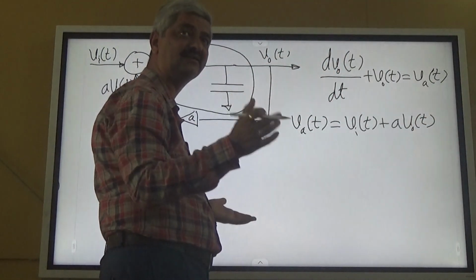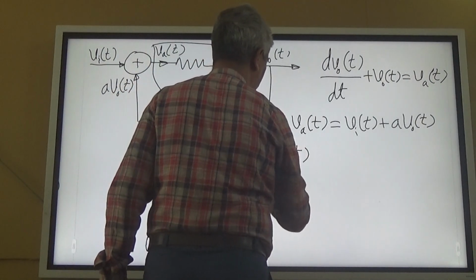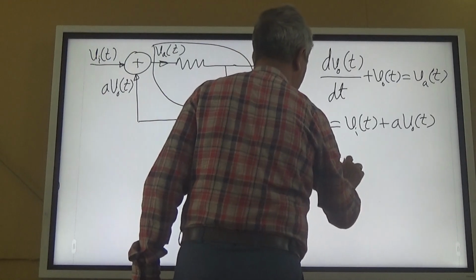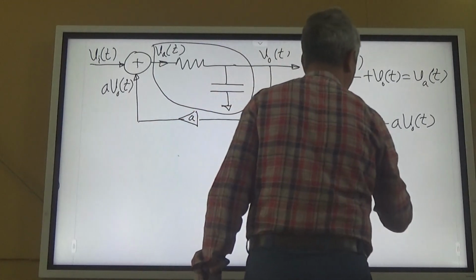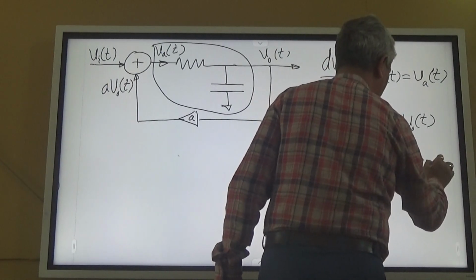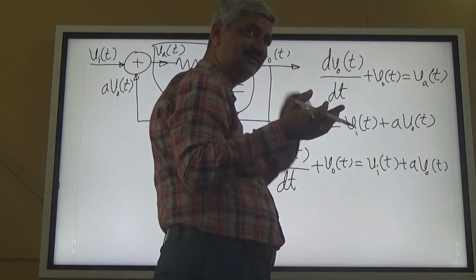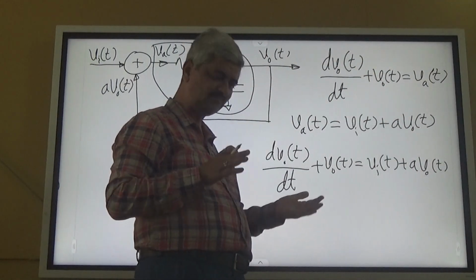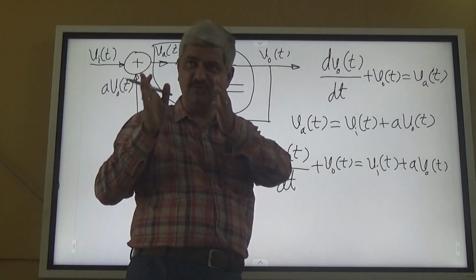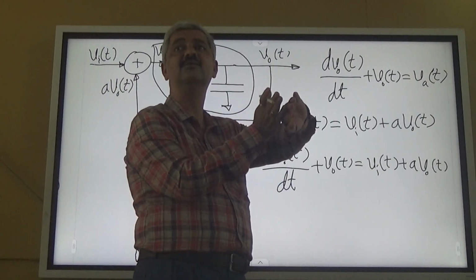That completes the answer. So dVout/dt plus Vout is equal to Vin(t) plus A Vout(t). On the right hand side there is a convention, it's not a rule: on the left hand side, the terms consisting of Vout, actual and differential, and on the right hand side terms consisting of Vin.